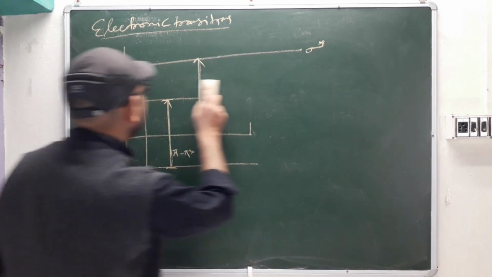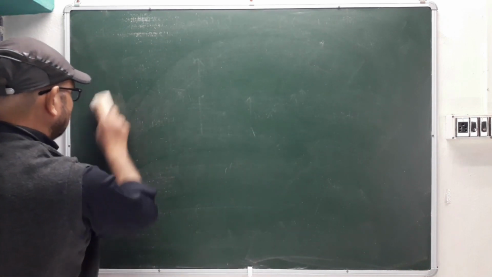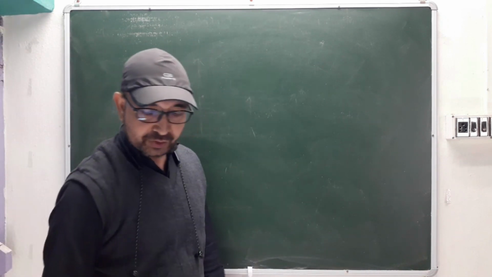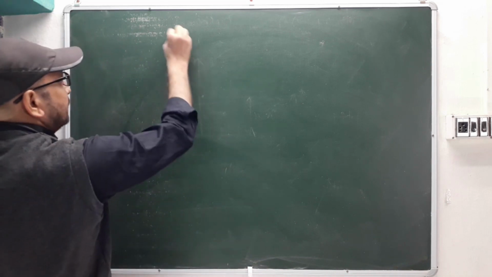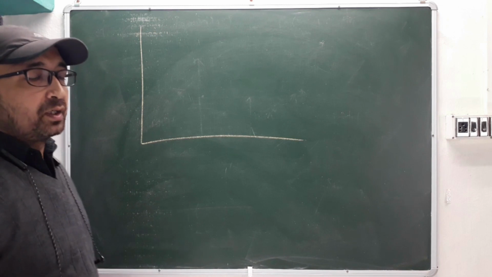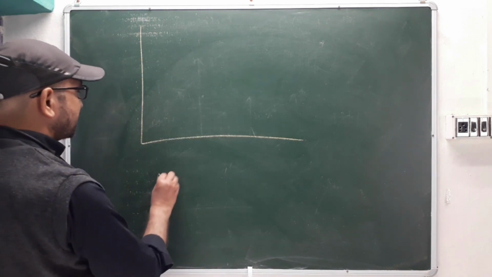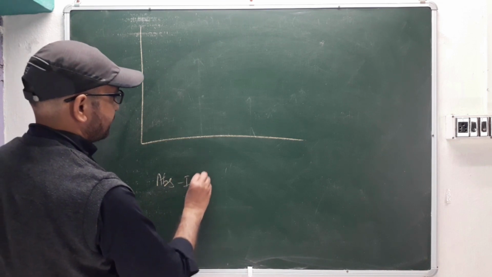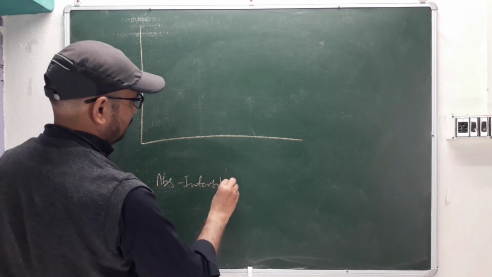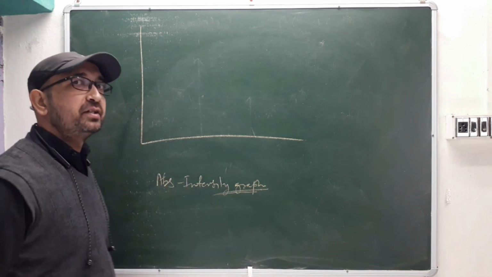That is the shift. Suppose this is the graph, which we call the absorption intensity graph.